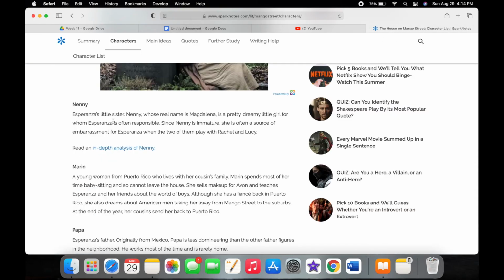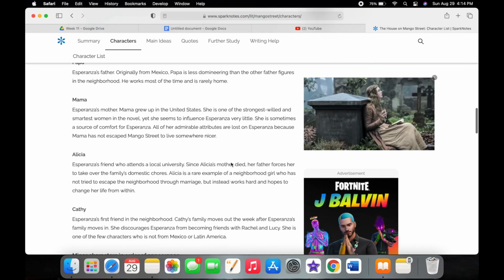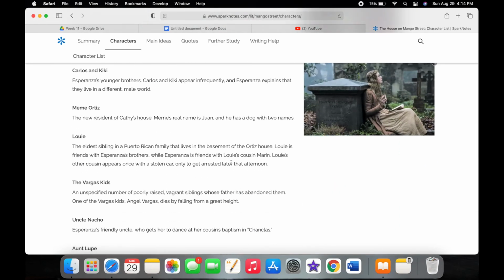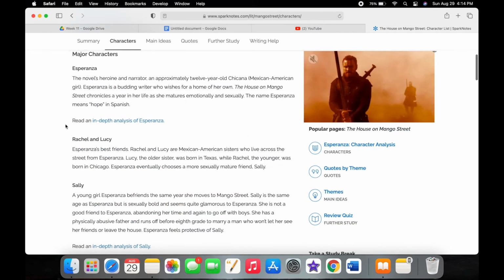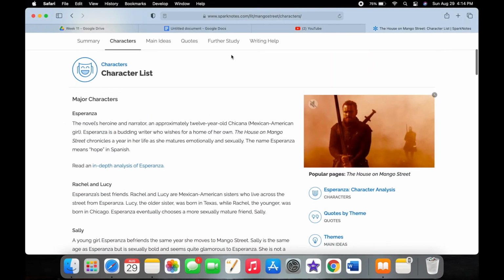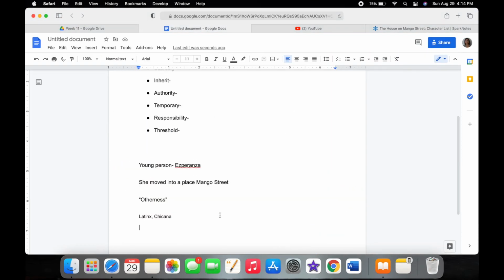And it's talking about her kind of getting responsibilities, being more mature. So she is 12. So they haven't even reached the teenage years, but she's 12 years old. Okay.